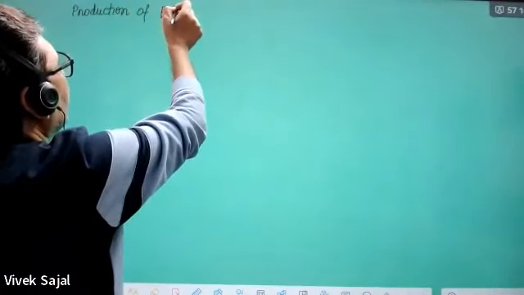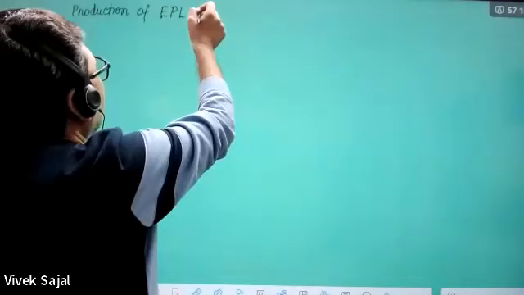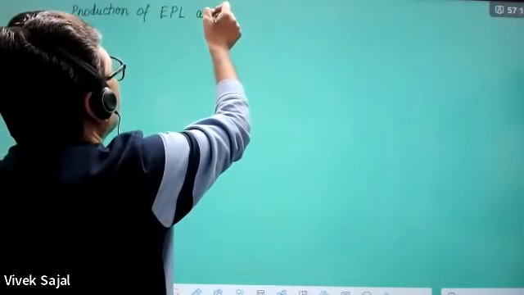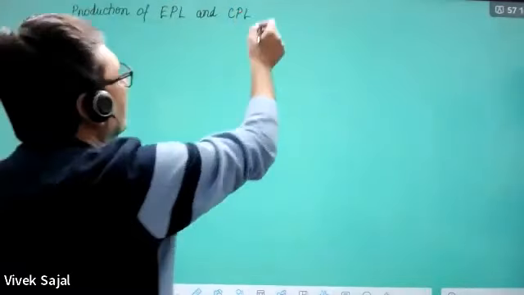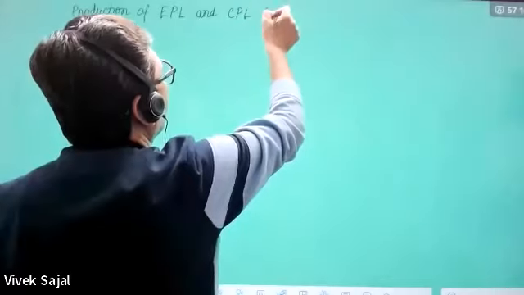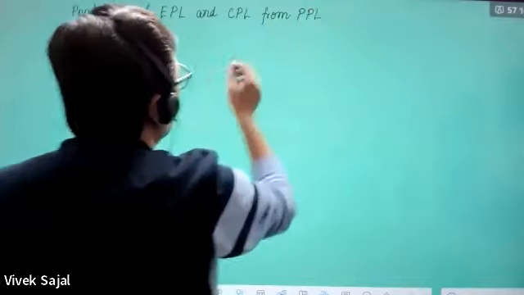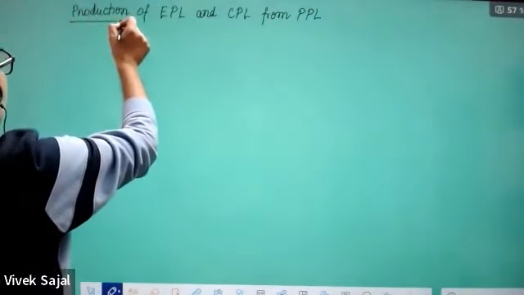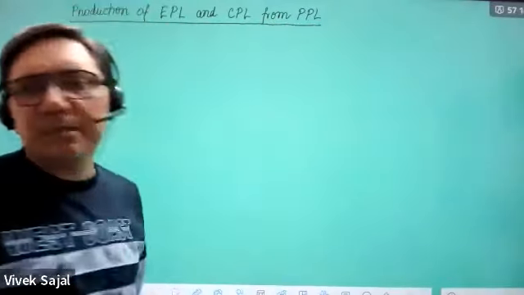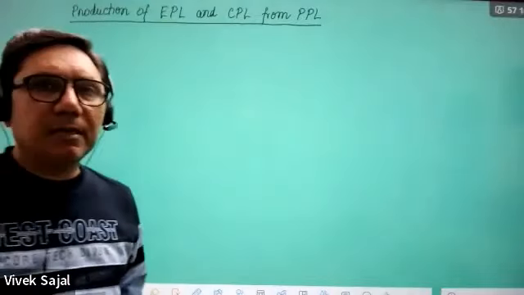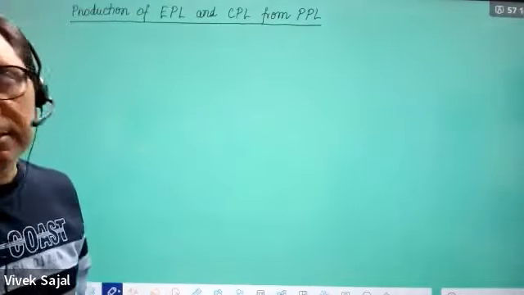Production of EPL, EPL means elliptically polarized light, and CPL, circularly polarized light, from plane polarized light. If you have plane polarized light, then from this plane polarized light you want to produce EPL and CPL. EPL means elliptically polarized light and CPL means circularly polarized light. This is our objective.